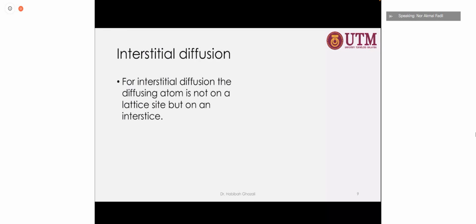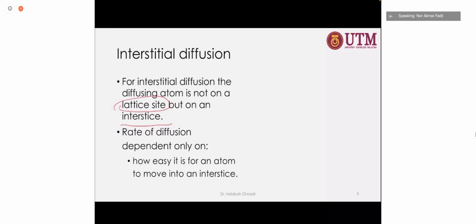So, interstitial diffusion. If you recall yesterday's lesson, we talked about the interstitial defect. The behavior of the small atom must follow the characteristics of interstitial defects. It is not a lattice site where there is a missing atom, but instead an interstice, which is the gap between the atoms.